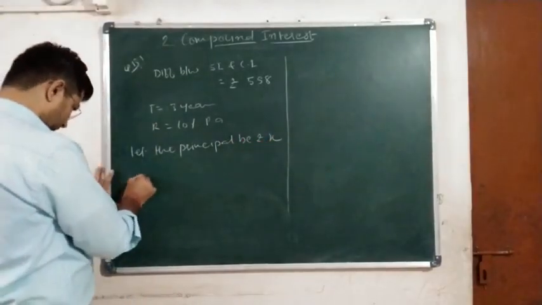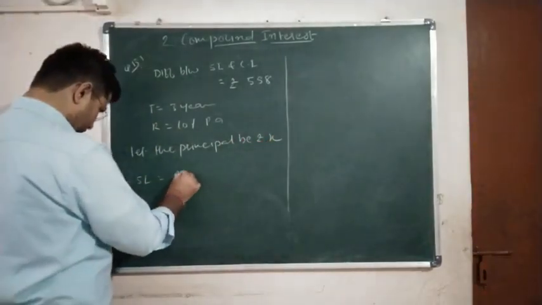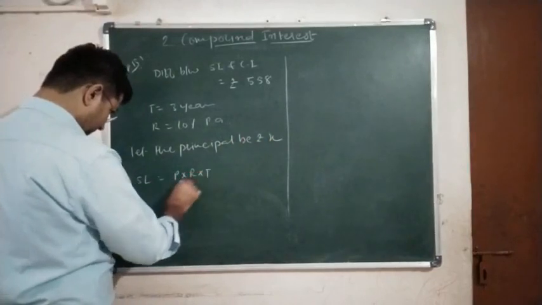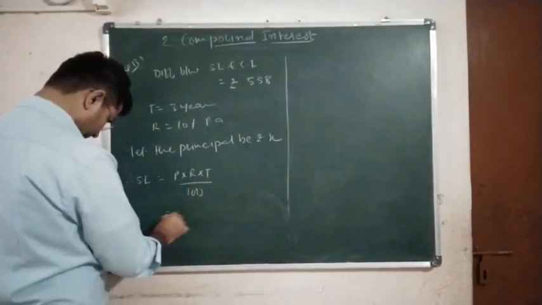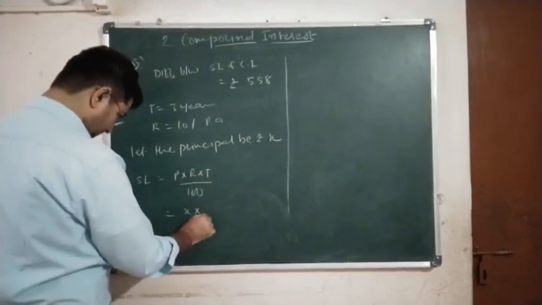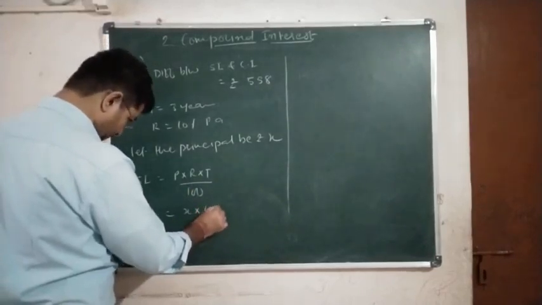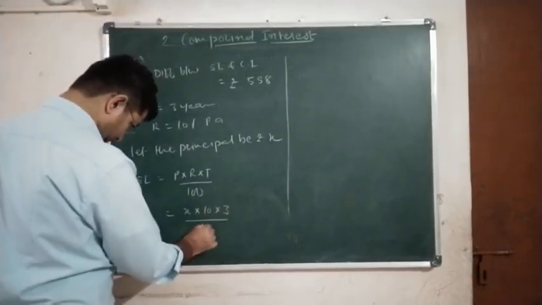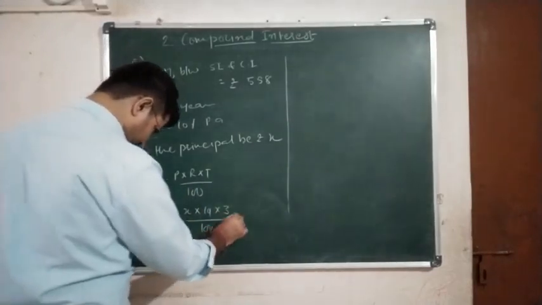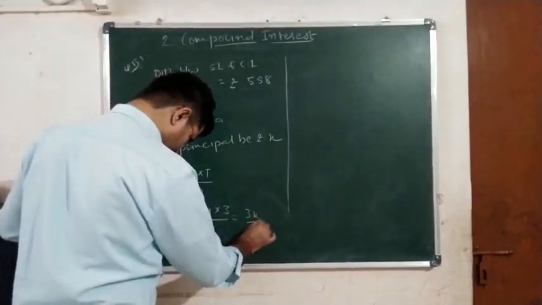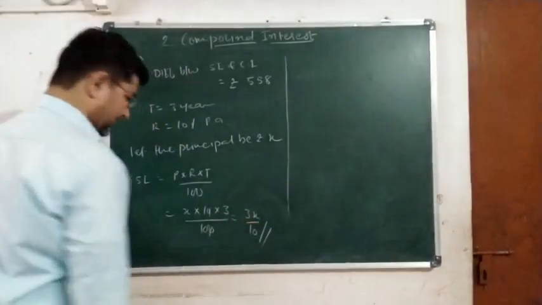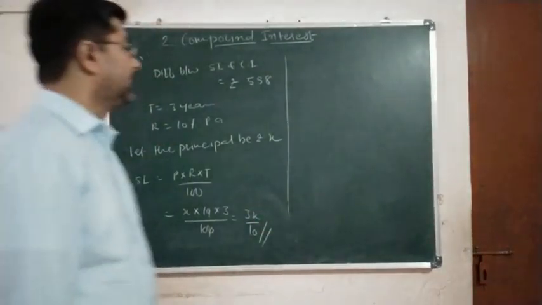And therefore SI is equal to PRT upon 100, is equal to x into 10 into 3 upon 100, is equal to 3x upon 10. This is the simple interest.